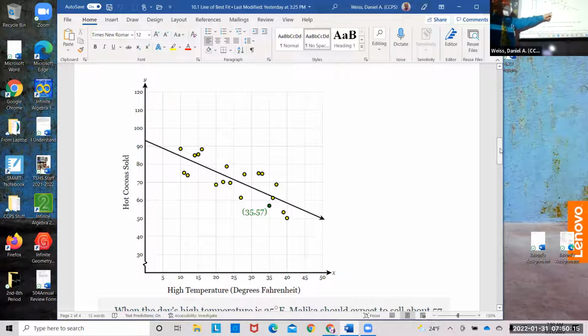So what does 35, 57 mean? I practically just said it. The temperature at 35 degrees, what? She sold 57. She sold 57 hot cocos when it was 35 degrees. Could you nod your head if you understand that one, please?